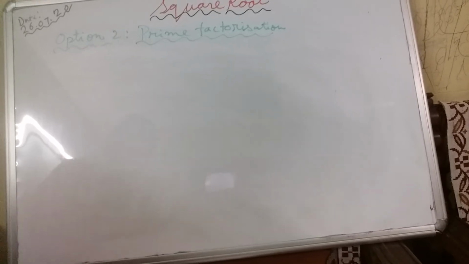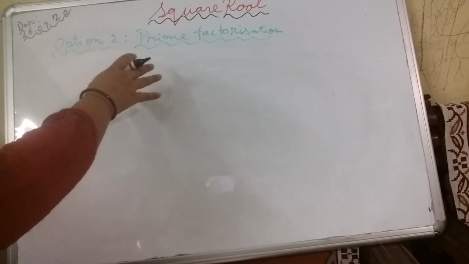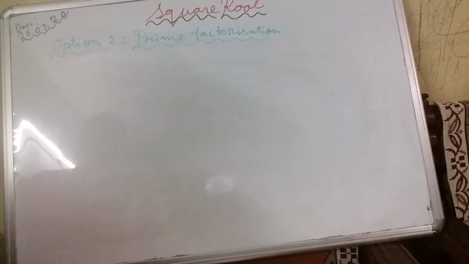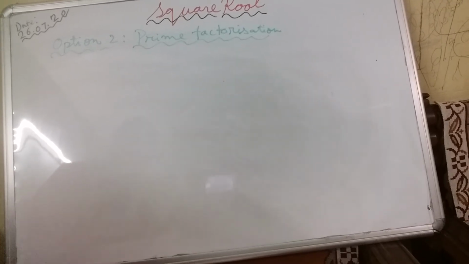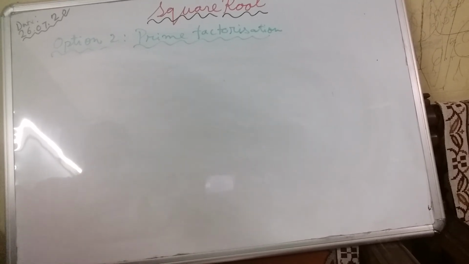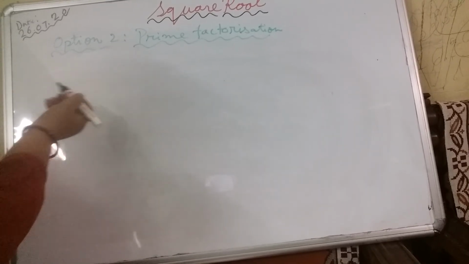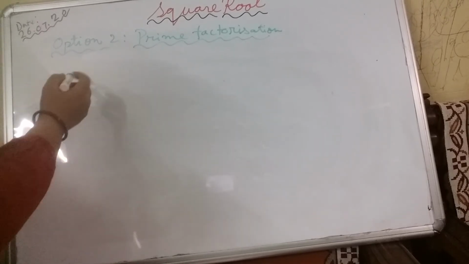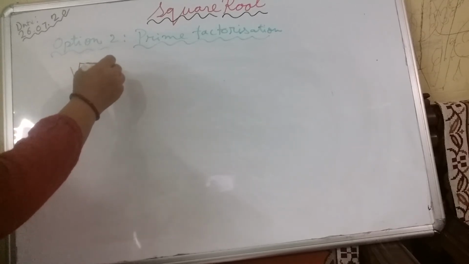Now a question may come to your mind. In the factorization or the repeated subtraction method, we are talking about perfect square numbers. And now the question is, if the number is not a perfect square number, what will happen? Let's take an example. We have to find the square root of 220.